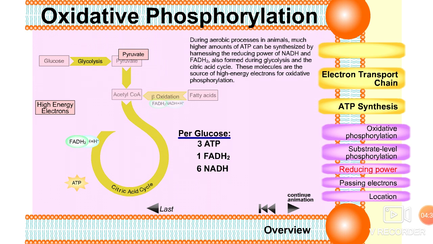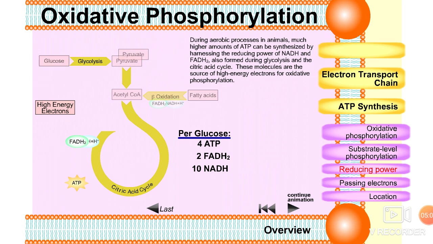And after oxidative decarboxylation, when acetyl CoA enters the TCA cycle, during that reaction also NADH plus and FADH2 are produced. As a result, from one molecule of glucose, along with 4 ATP through substrate level phosphorylation, 2 FADH2 and 10 NADH plus are produced.